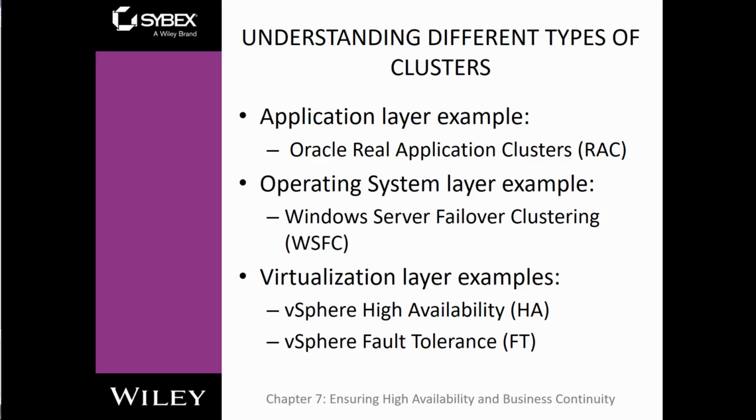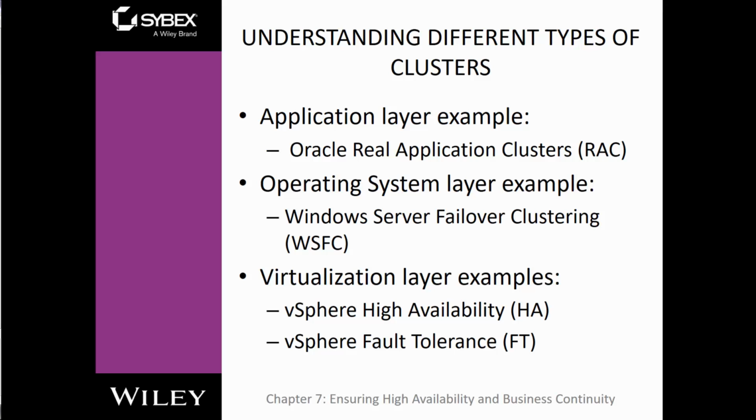Well, Microsoft clusters will probably be more of the operating system layer, but that depends on how we're doing our clustering. We can cluster the operating system, we can cluster some of the services, so for Windows clustering I need to be more specific. If we're dealing with server failover clustering, then yes, that's an operating system layer.